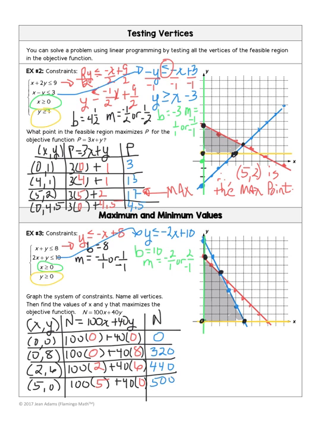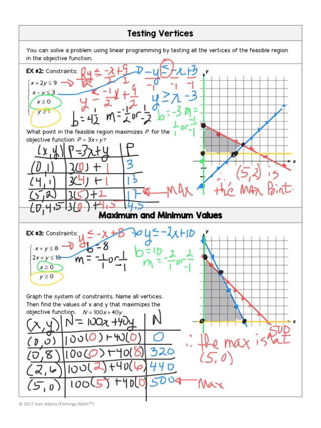Add them together and you get 500. So clearly, this is our max. So therefore, the max is at 5, 0. So the max is 500 at 5, 0.